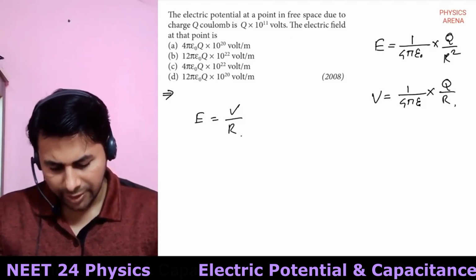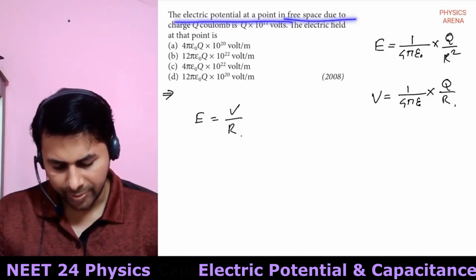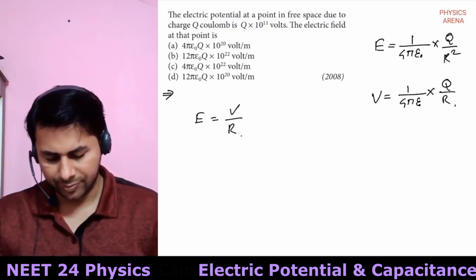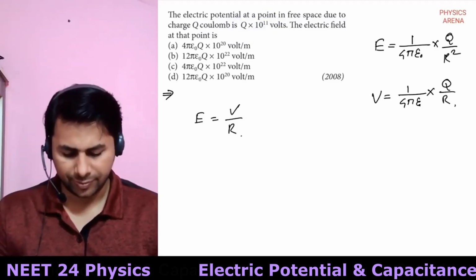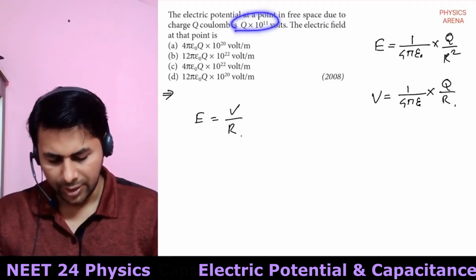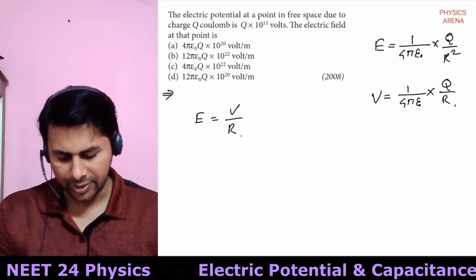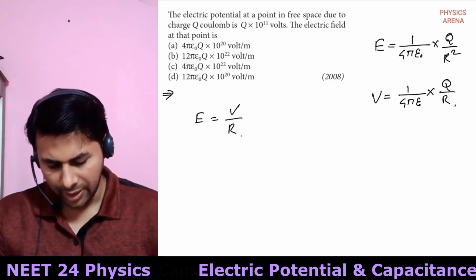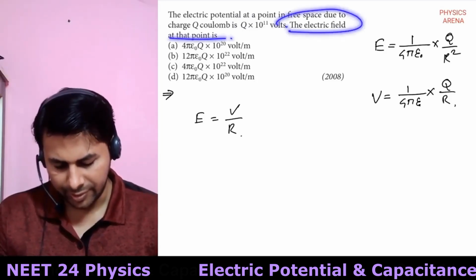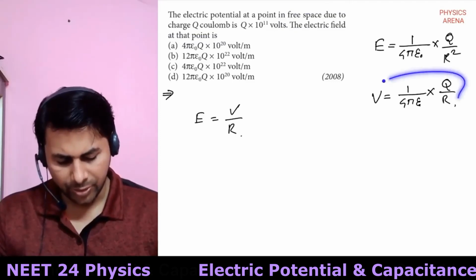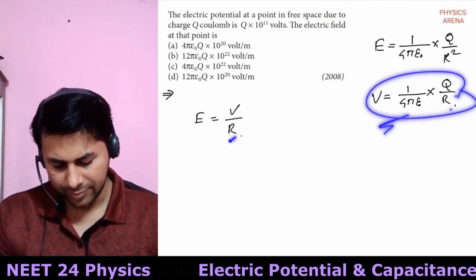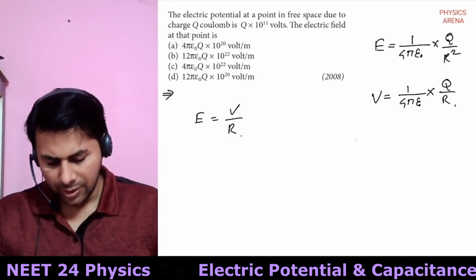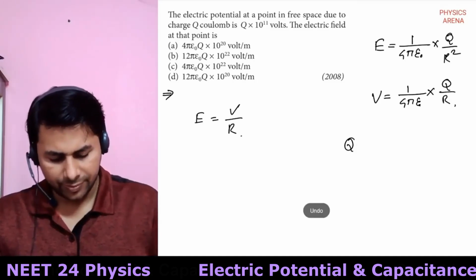So now what was given at a point in free space due to a charge Q? Electric potential is given, Q multiplied by 10 raised to 11, and you want the electric field. So given the potential, we can find out R. How much is potential? Q into 10 raised to 11.